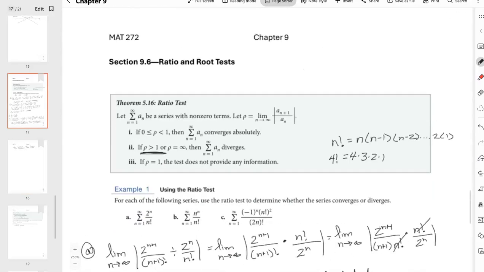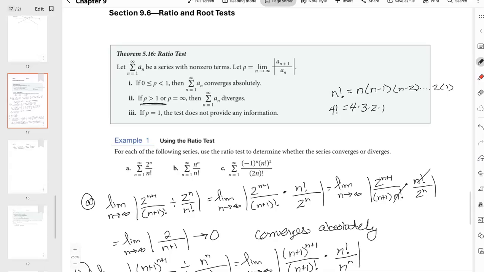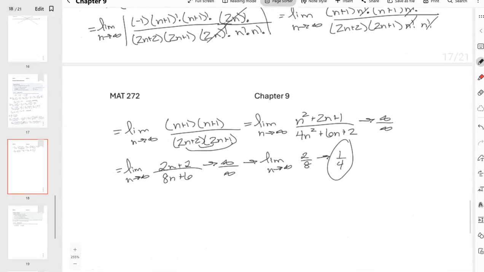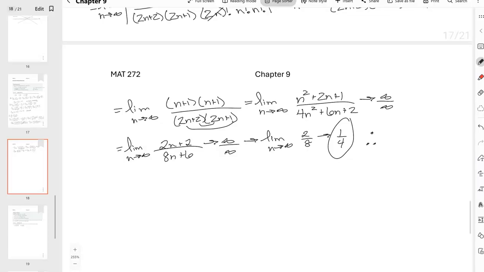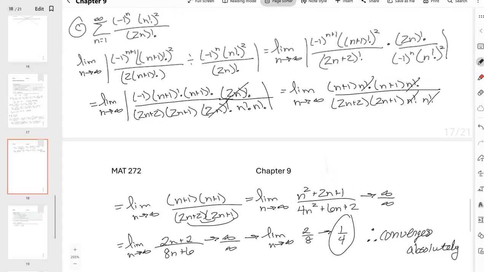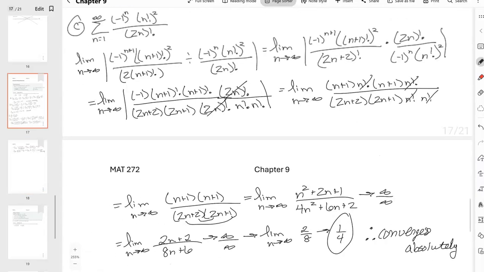And according to our rule here, since that limit is a value between 0 and 1, then this thing converges absolutely. And since it converges absolutely, it definitely converges. So that was those 3 examples.